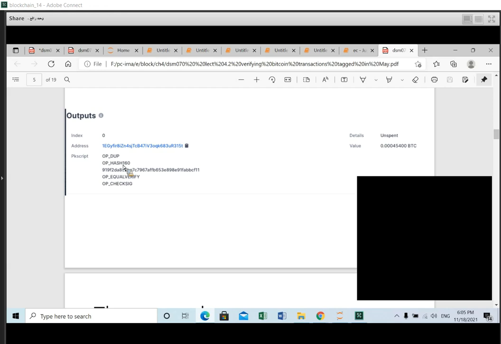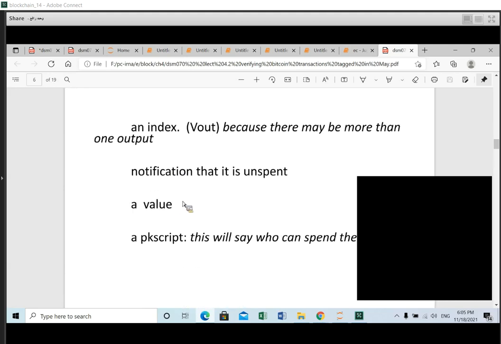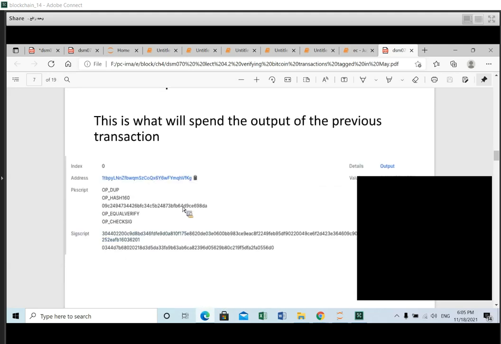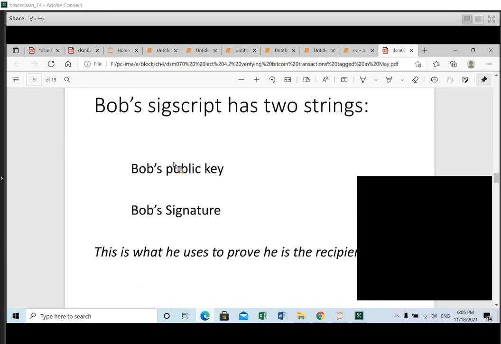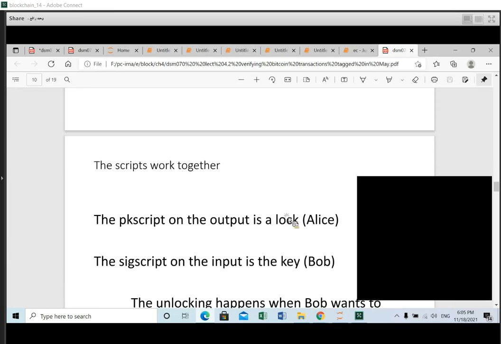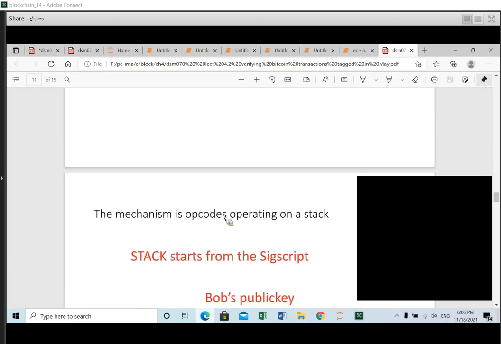Alice locked the output with this. The person who wants to spend this money must unlock this code. This is stack-based code, okay? The only person who can unlock this is Bob, because Bob has the private key associated with the public key here. Okay, this is about the output, this is the Bob input.